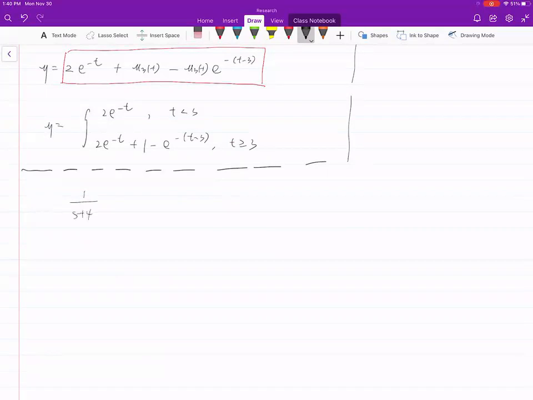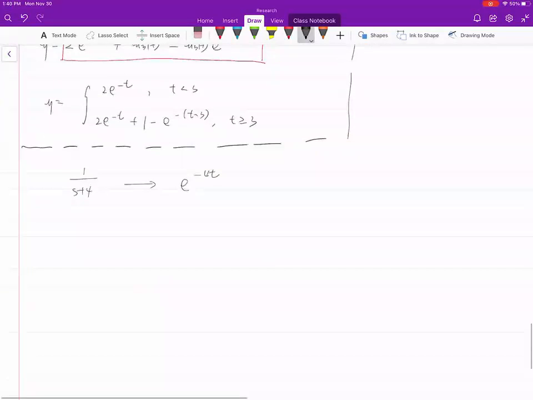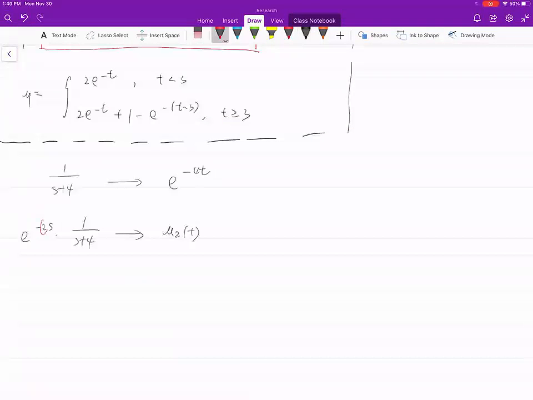1 over s plus 4. If you do the inverse transform, it goes to e to the negative 4t. But what if you multiply this one by e to the negative 2s? Then this one gives you the same thing, except with a u_2(t) coming from this 2.